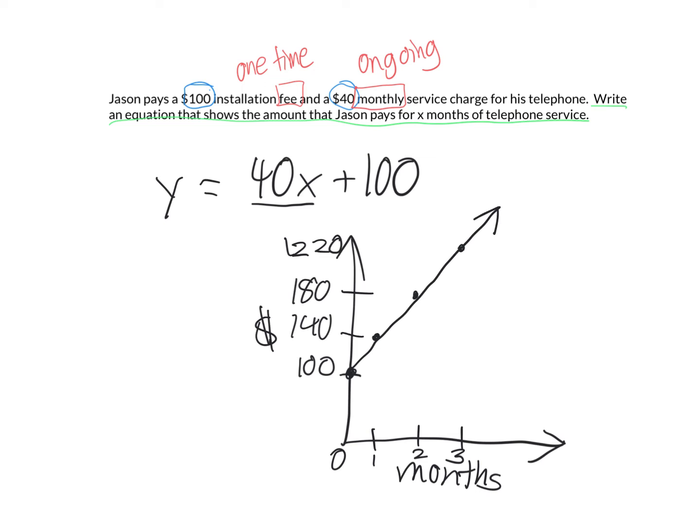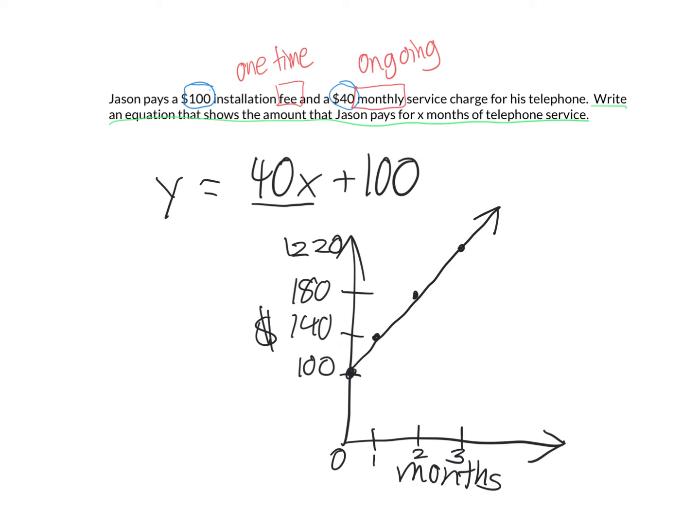And so it gives us a good graph of what kind of money he is spending on his telephone. But it also lets us predict future amounts of how much total he is spending on this particular telephone plan. And then, if he wanted to switch, he could make one off of a different plan, and you could see if it has the same type of slope.